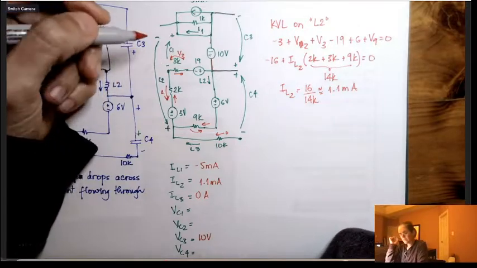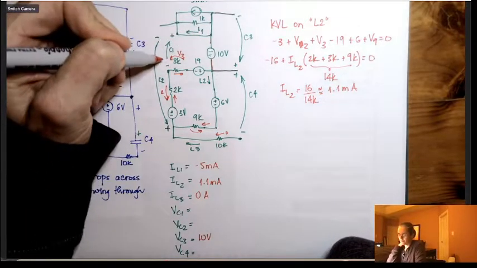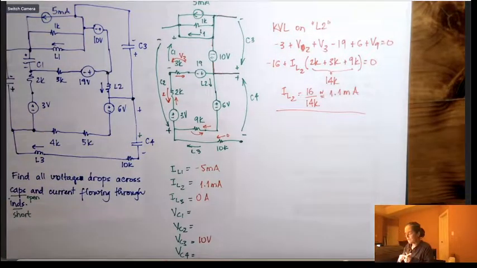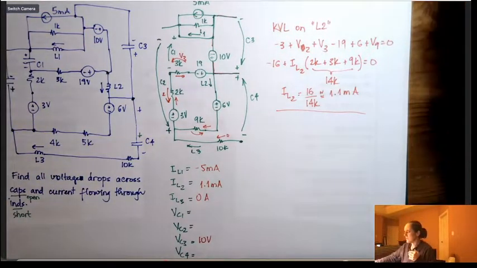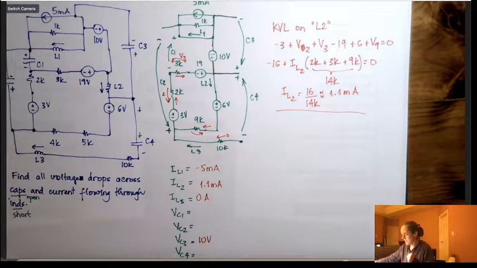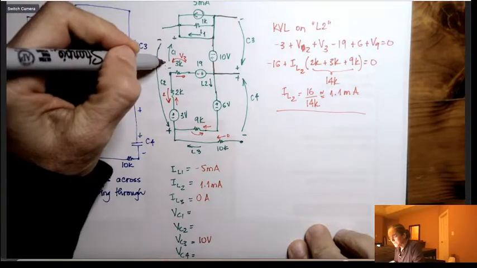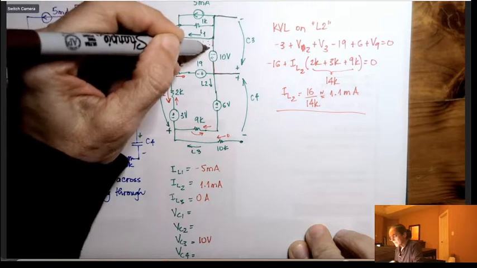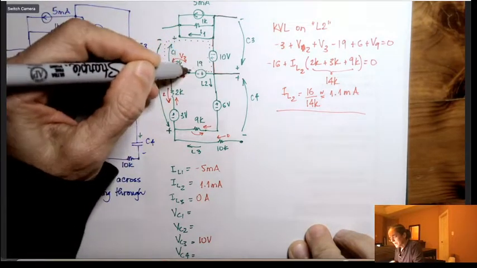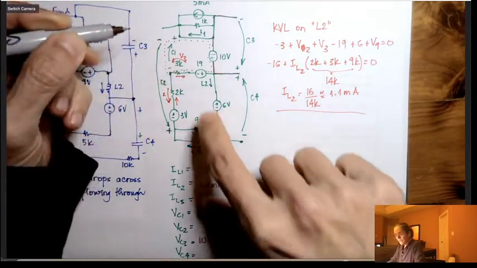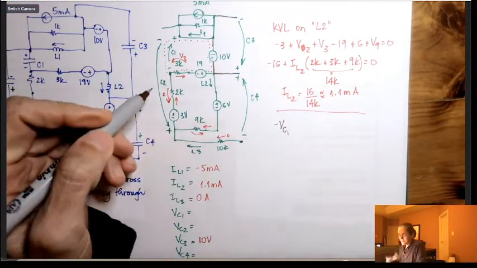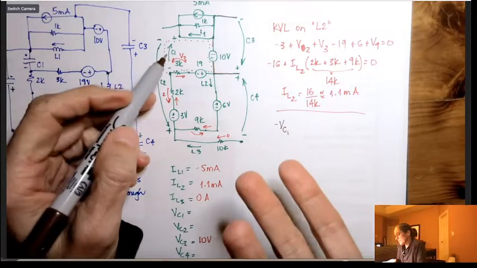I've done this several ways, but I'm going to show you the way that's possibly the hardest for me, which is to do a KVL on the loop, including the voltage across the capacitor. And that's what I'm trying to find, the voltage across the capacitor.